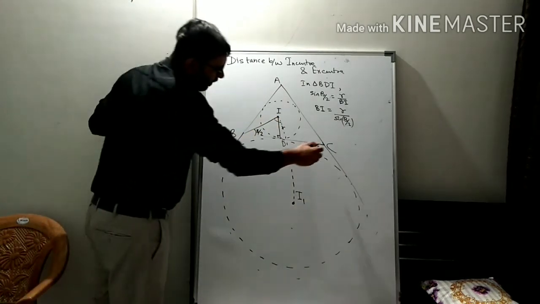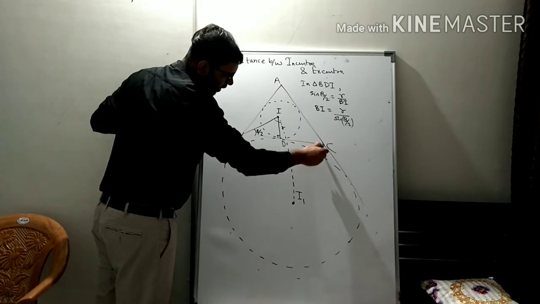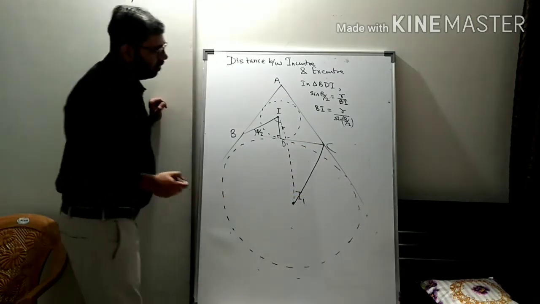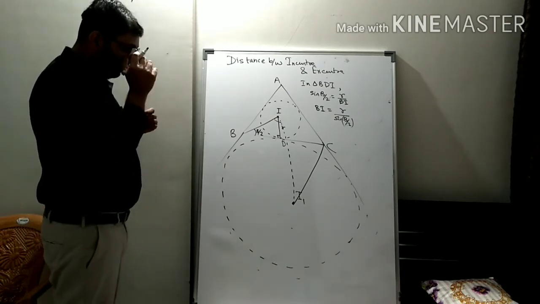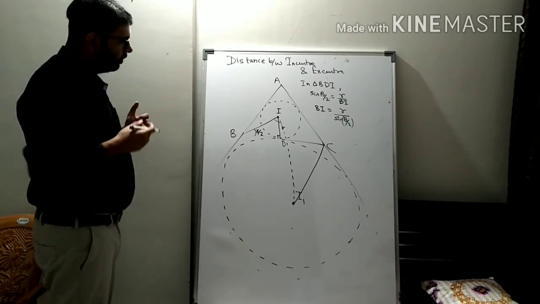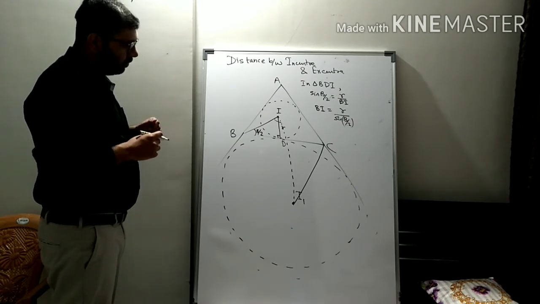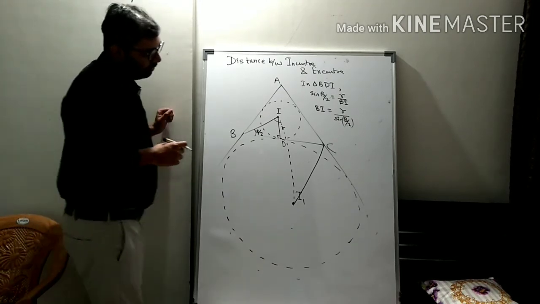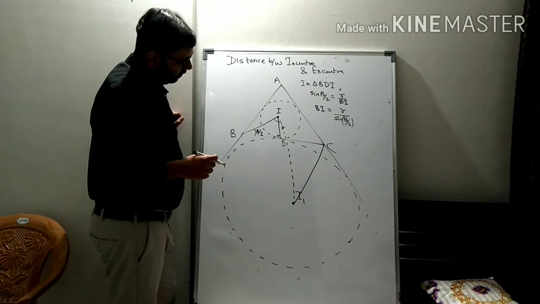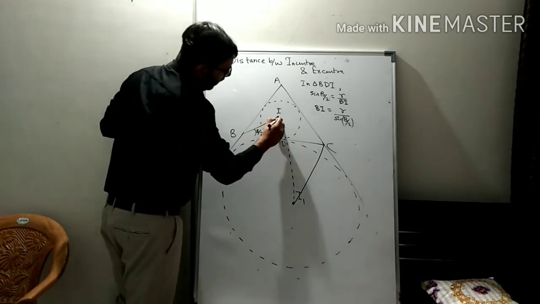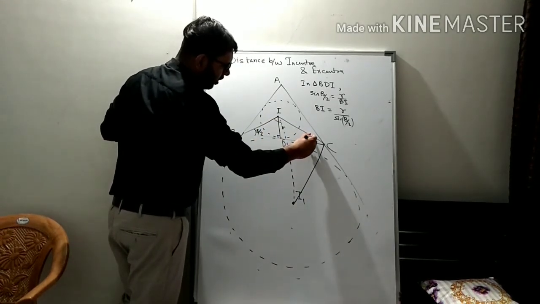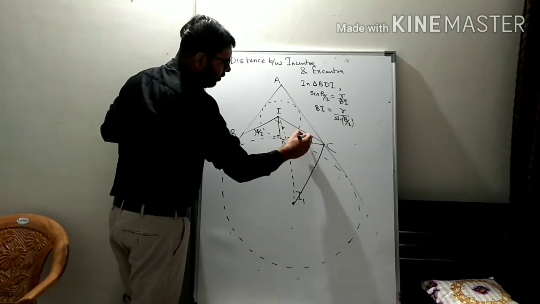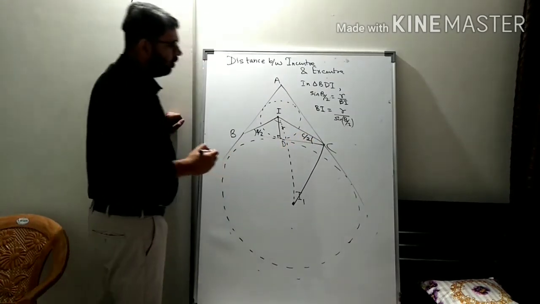If I join this line also, and this line also, this is the angle bisector for angle C, so this angle will be C by 2, correct?